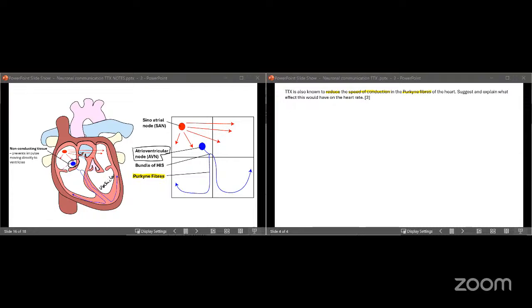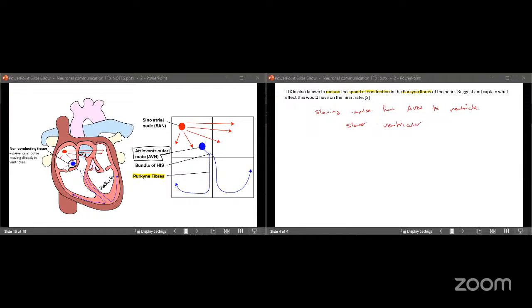So the first thing to consider when answering this question is the fact that if we are slowing the impulse from our atrioventricular node to the ventricle, because that is where the Purkinje fibers are, that is going to result in a slower ventricular contraction. Oh my word, this is where my dyslexia kicks in massively.